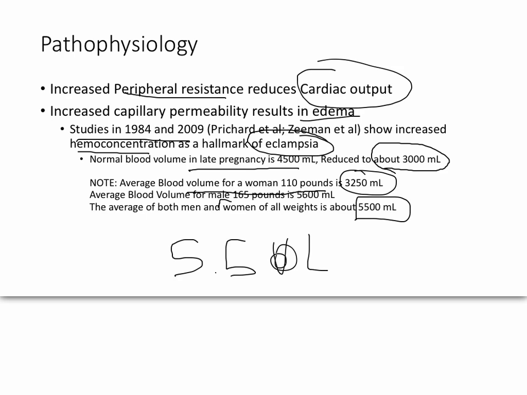On the other hand, a 165-pound male is 5,600 milliliters. So whenever that blood volume of 3,250 doesn't go up by about 1,500 milliliters in the second half of pregnancy, that's a hallmark of eclampsia.